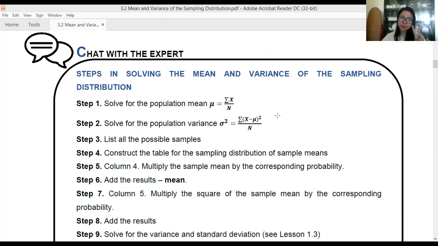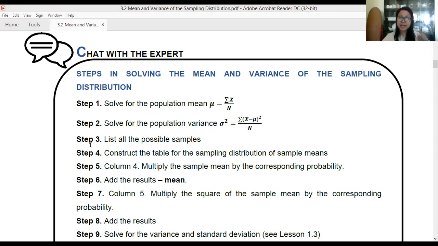And step 2, solve for the population variance. How to do it? Observe your sample mean, you subtract it with the population mean, that's the mu, you square it, you add all in the column, then divide it by N.